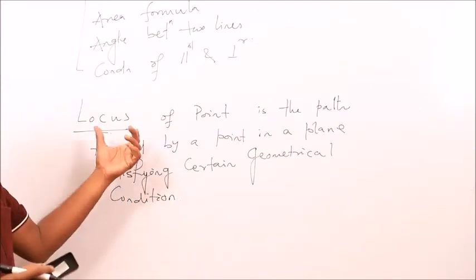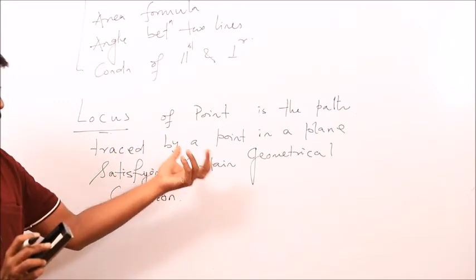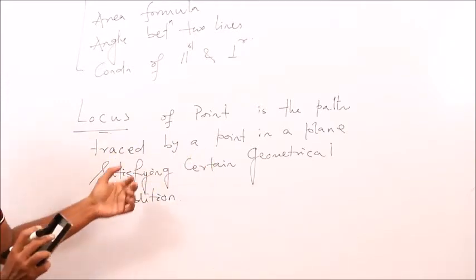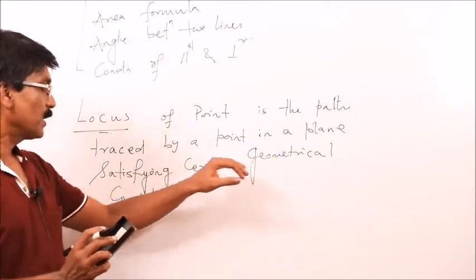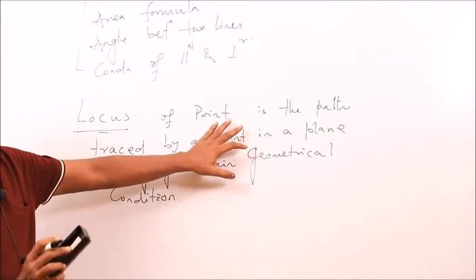This is called the locus of a point. If a point moves in a plane satisfying certain geometrical conditions, then it's called its locus.